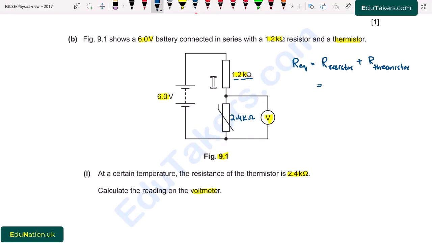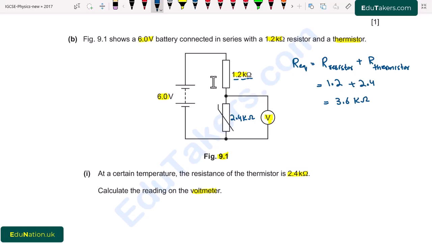The resistor has resistance 1.2 plus for thermistor it is 2.4 kilo ohms, so it will be equal to 3.6 kilo ohm. So this has total resistance of 3.6 kilo ohms.